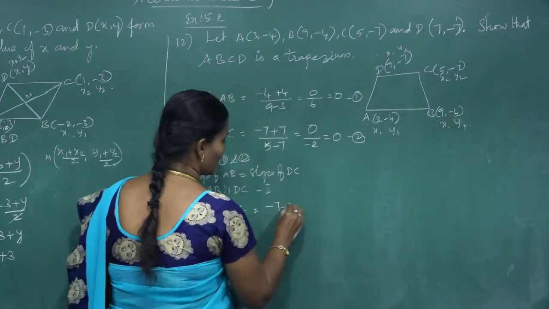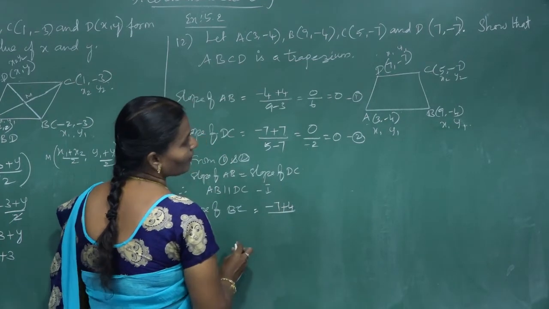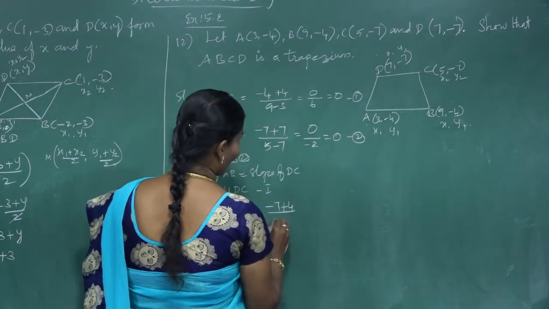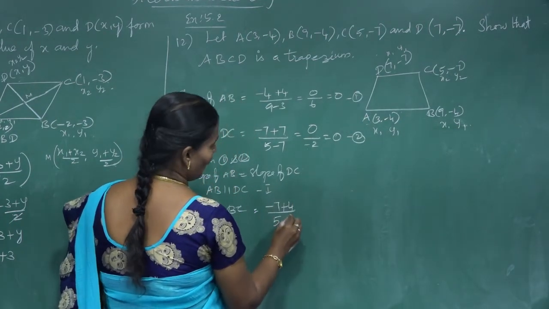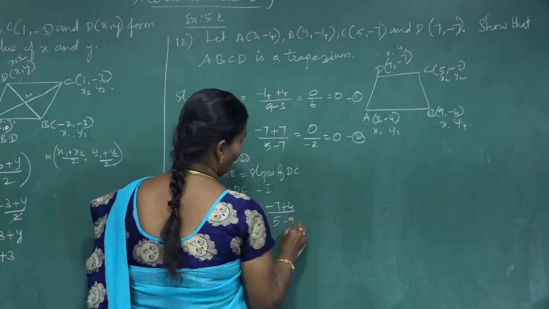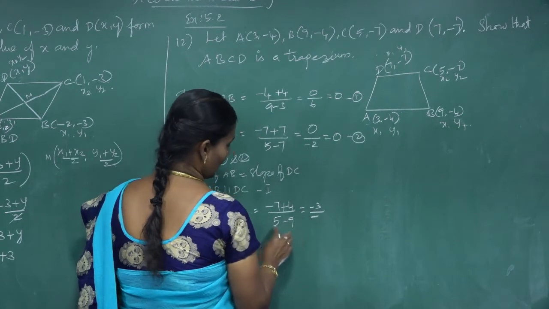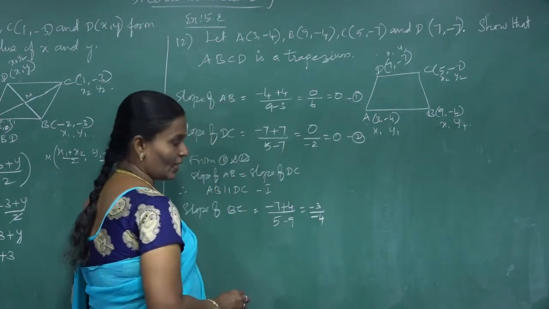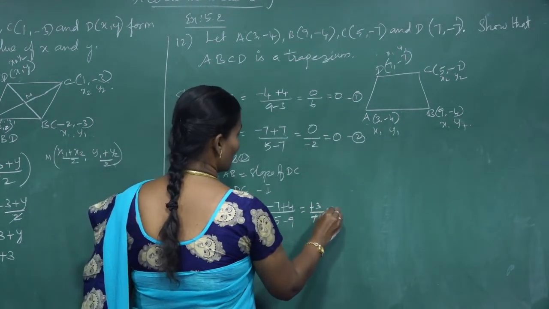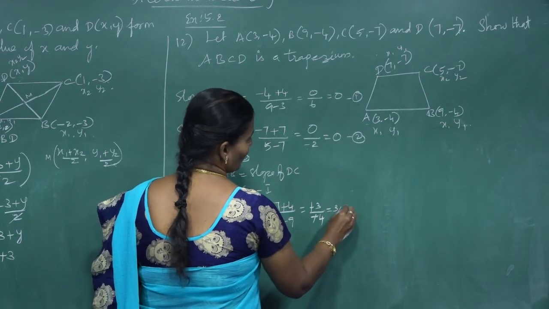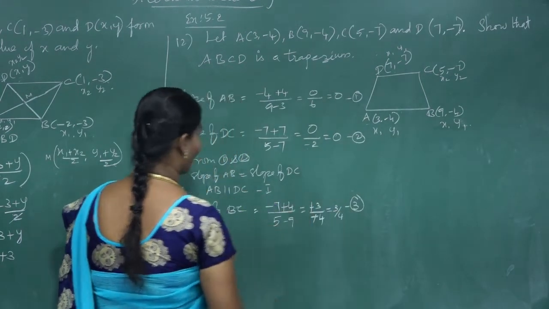So minus of minus plus 4 by x2 is 5, 5 minus 9. So here minus 3 by minus 4. Am I correct? So minus minus cancel. This is equal to 3 by 4. So equation number 3.